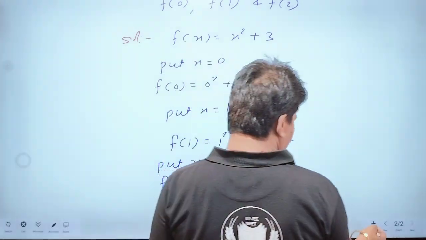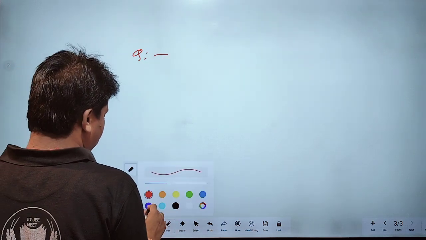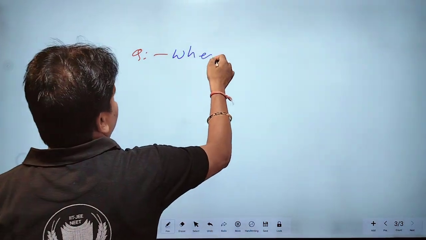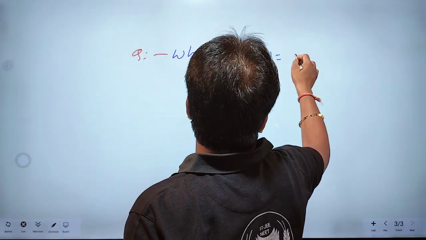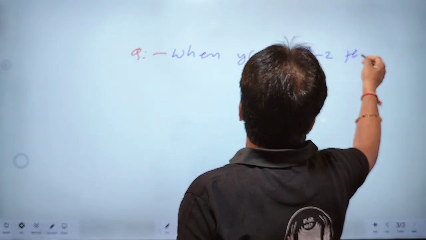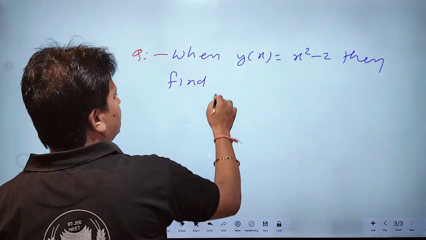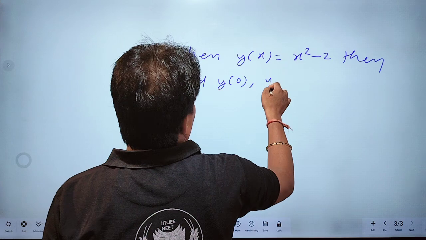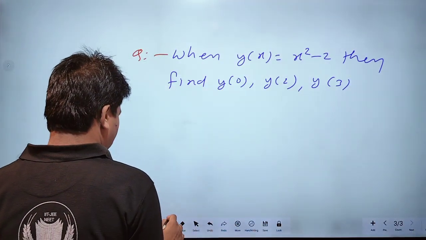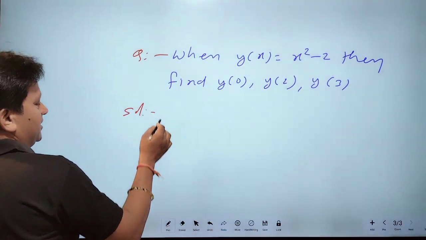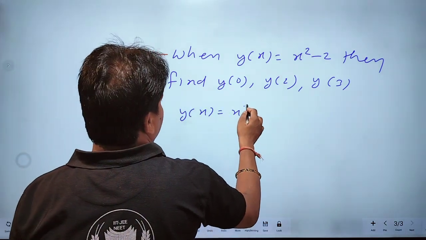Now I am going to give another question. The question is: when y(x) is equal to x square minus 2, then we have to find y(0), y(2), y(3). Here function is given, y(x) is equal to x square minus 2.